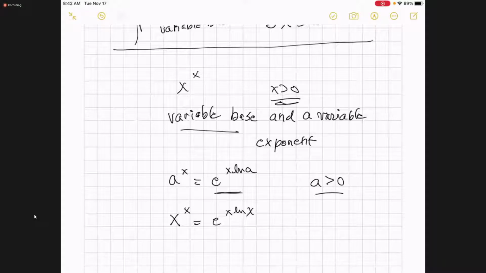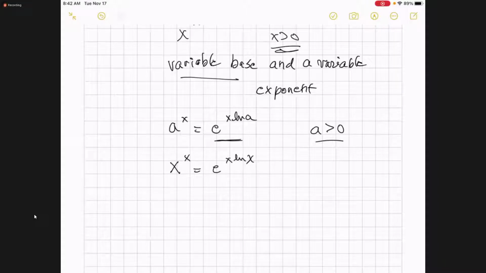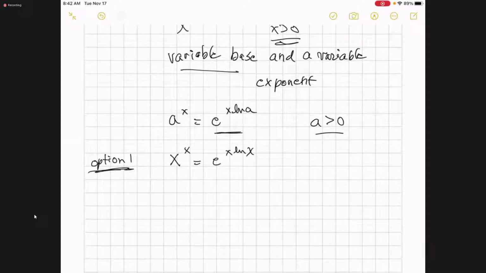And then I can take the derivative. So this is option 1. The other option is to take the log. But that's really doing the same thing, because logs and exponentials are inverses of each other. They're so intimately related.